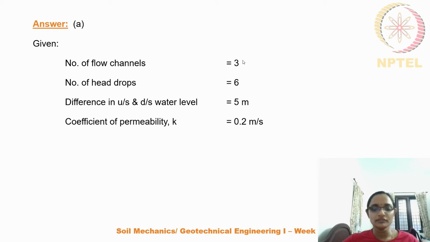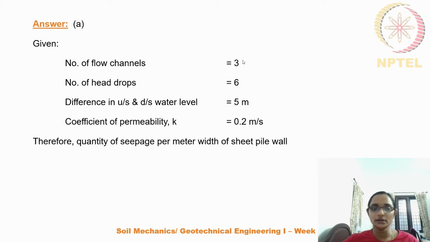Now the equation for quantity of seepage per meter width of sheet pile wall is KH into NF by ND, where K is the coefficient of permeability, H is the difference in upstream and downstream water level, NF is number of flow channels, and ND is number of head drops.